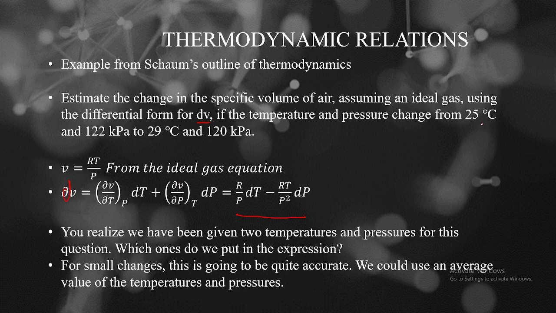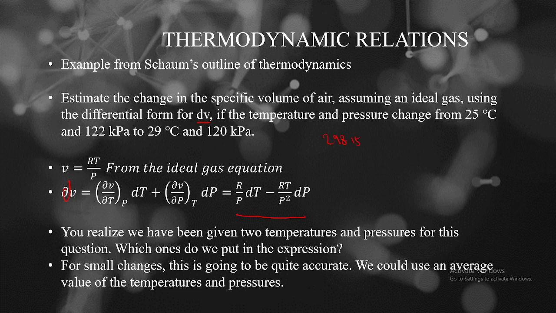They're changing from 25 degrees Celsius to 29 degrees Celsius. And remember, we'll be working in Kelvin. So the change is still going to be about 4 Kelvin if we should compute it. So 25 degrees Celsius in Kelvin is going to give me 298.15 Kelvin.